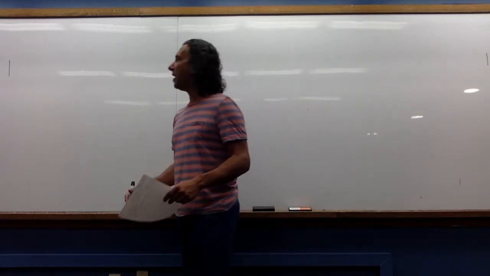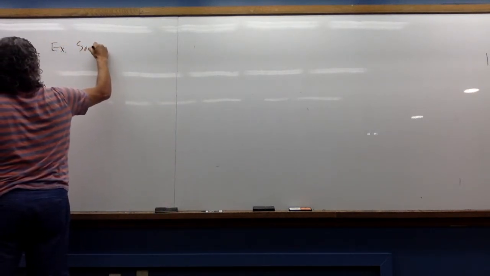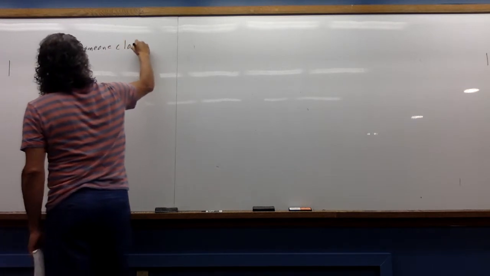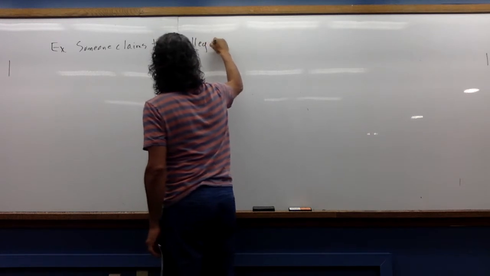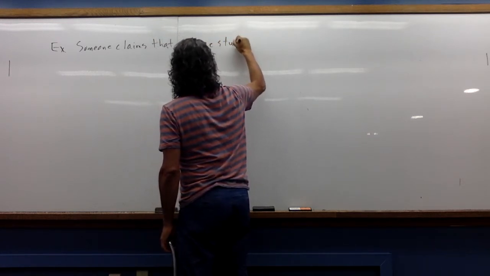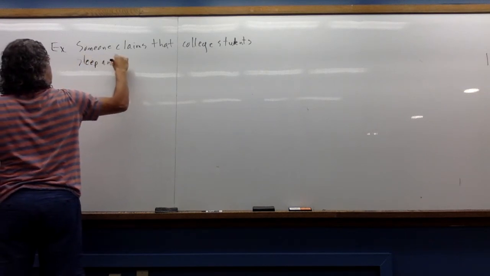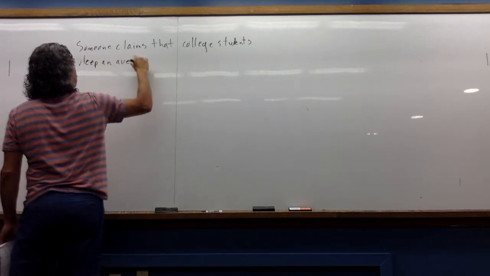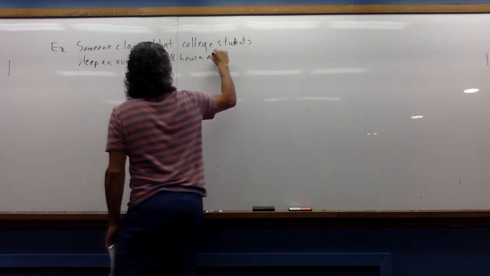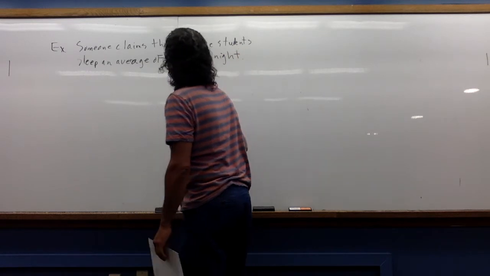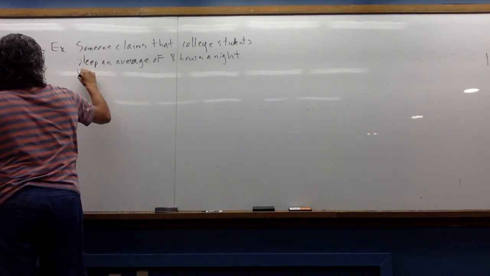So let's get started with an example. Let's say someone claims that college students sleep an average of 8 hours a night. You're thinking to yourself, no way, impossible. You think it's lower.